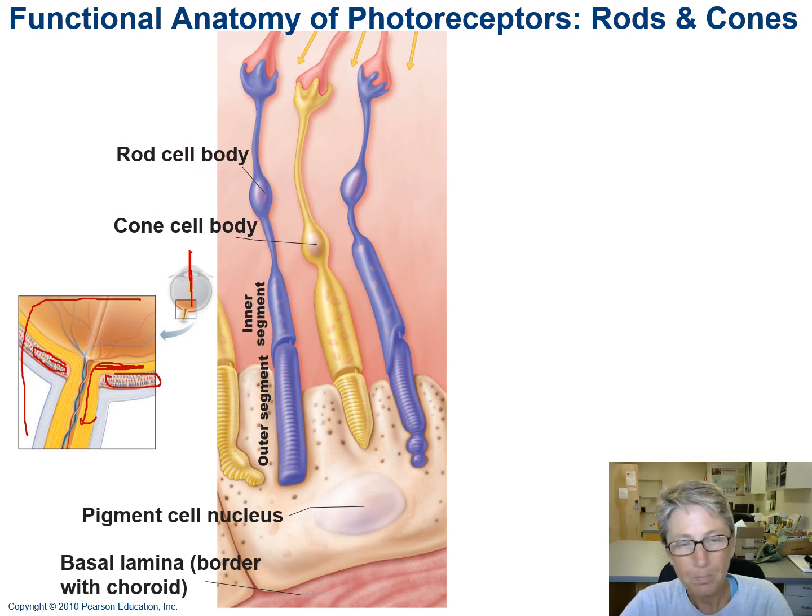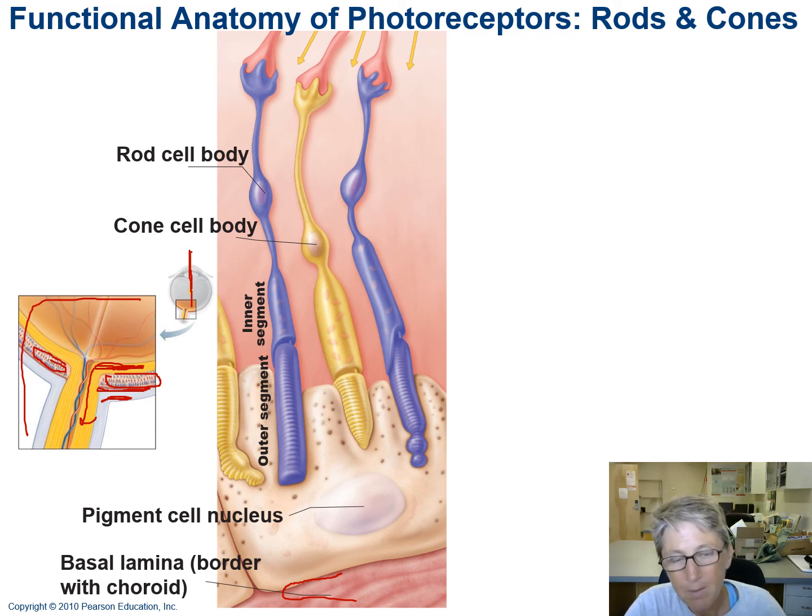If you look at the retina up close, it borders with the choroid. Let me go back to this cartoon. This layer right here is the choroid layer. The choroid layer is deep to the sclera, and then deep to the choroid layer is the retina.